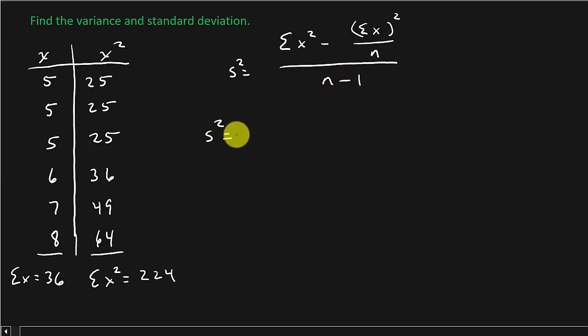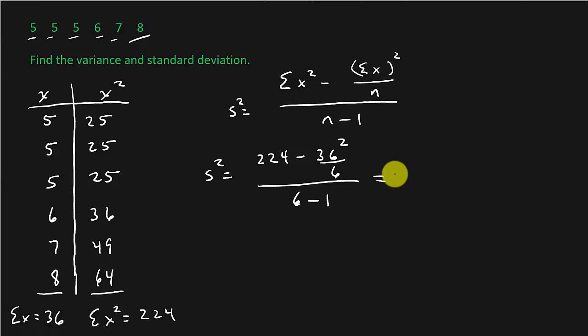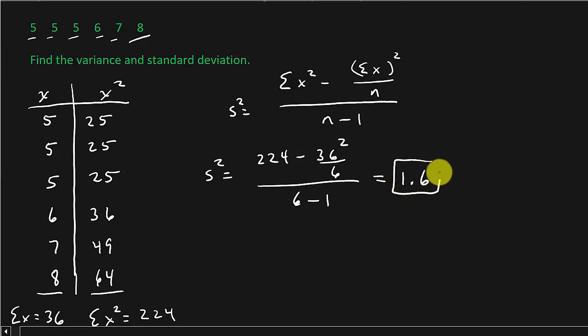So s squared is equal to the sum of x squared, which is 224, minus the sum of x squared, that's 36 squared, over n, which is 1, 2, 3, 4, 5, 6, over 6 minus 1. So that is 224 minus 36 squared divided by 6, and then divide that by 5, and we get 1.6 for the variance.